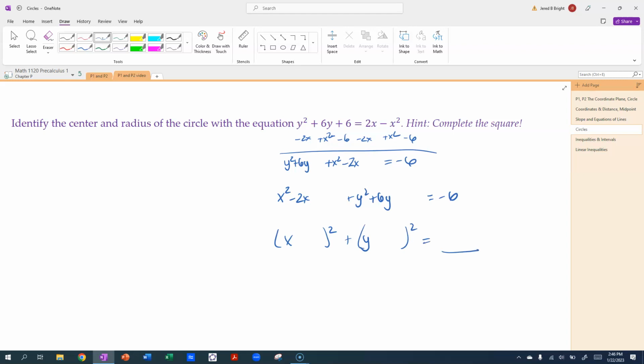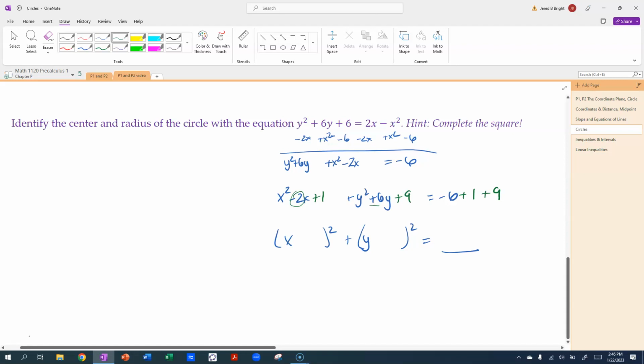That's the general form for the equation of a circle. To find the number you need to add, you take half of the linear coefficient, negative 1 in this case, square it to get 1, and add it to both sides. Completing the square again, take half of the linear term, so half of 6 is 3, square it to get 9, and add it to both sides.